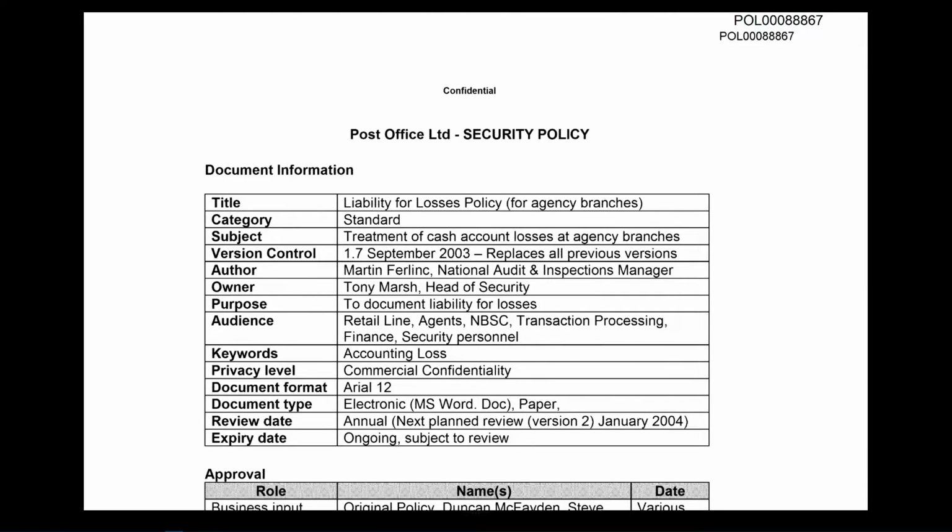I think from my recollection, and it does say version control replaces previous versions, I think there were different varieties of this policy, of a losses policy, that was born in the late 1990s. And I think this probably, trying to look at the timeline here.